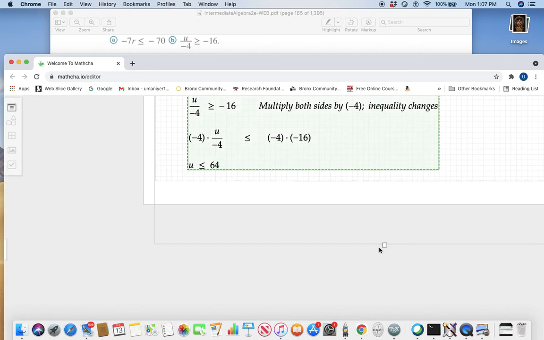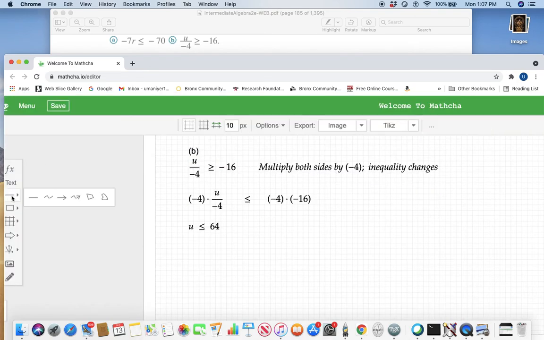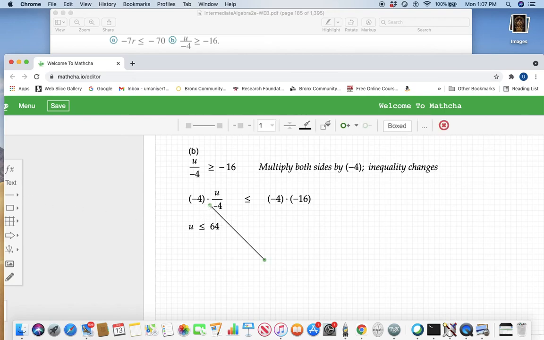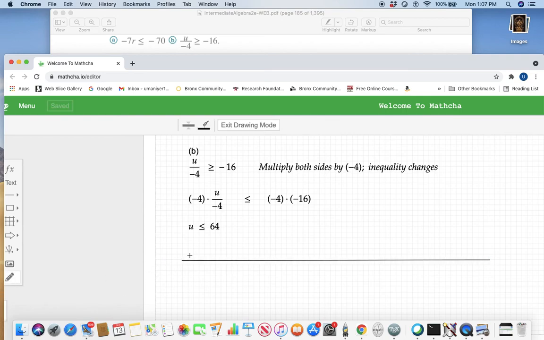So we are now ready to graph. Somewhere here is 64, which is included, you see. And you're going to the left of 64.